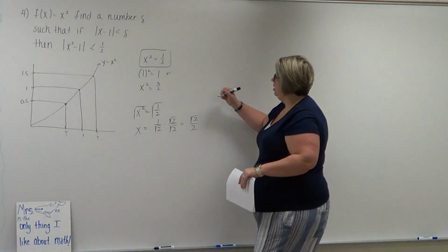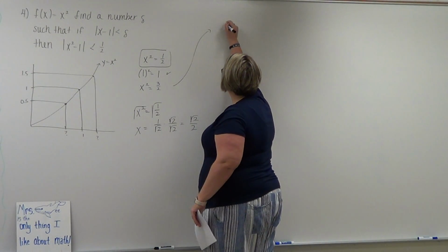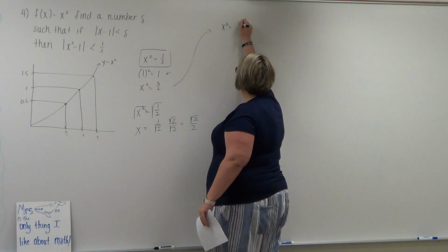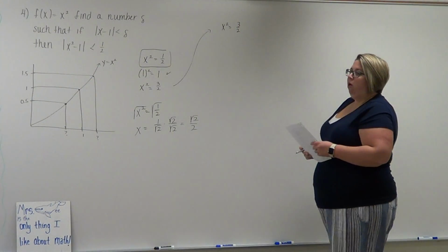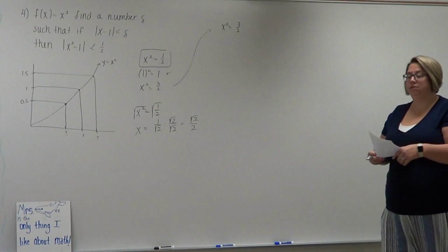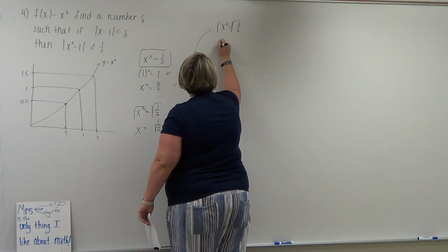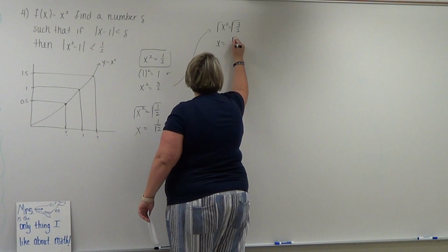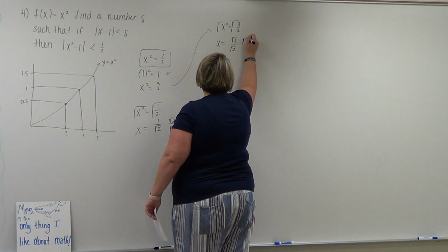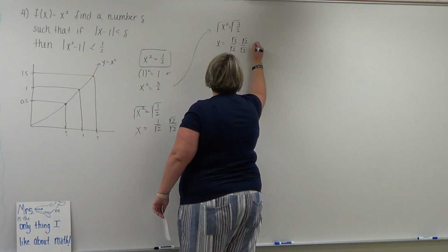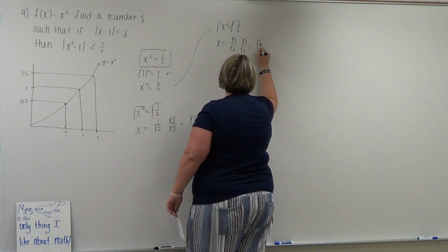What about x squared equals 3 over 2? How would I solve this one for x? Same thing, right? Square root. So square root of 3 over square root of 2, and I rationalize it. I get square root of 6 over 2.